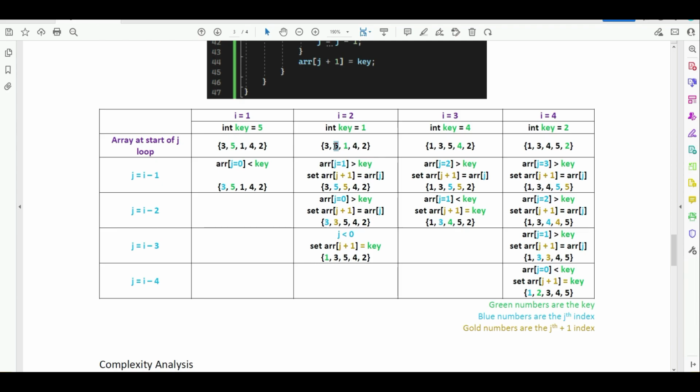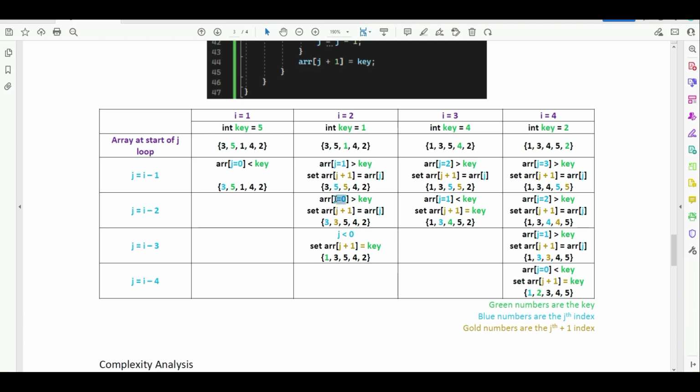So what we do is we set j plus 1 equal to j, which is our i minus 1. So we're setting that equal to 5. So now these are both 5.